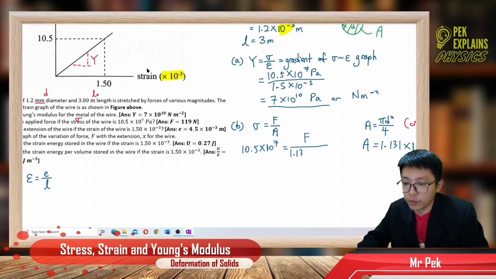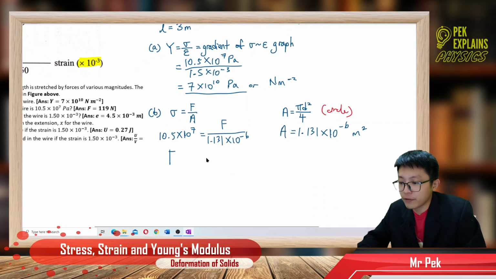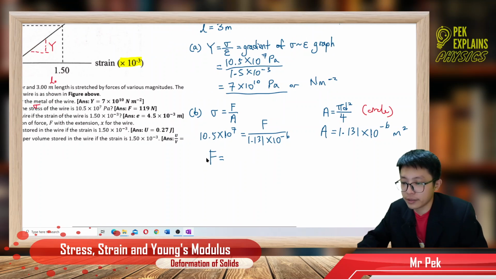Area is 1.131 exponent negative 6. Substitute this inside, then I can get my applied force, which is 118.755 Newton.